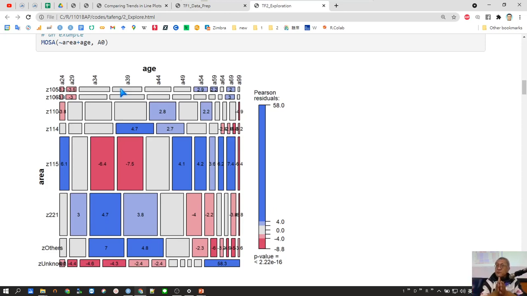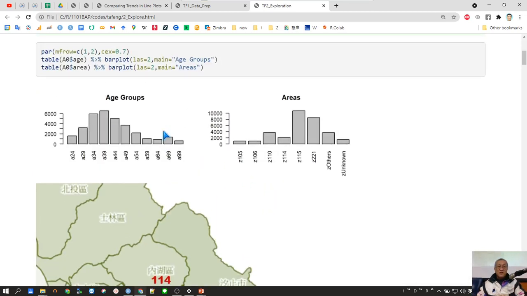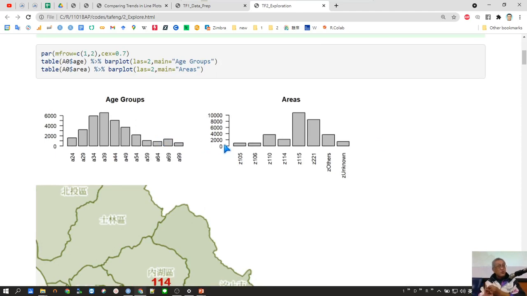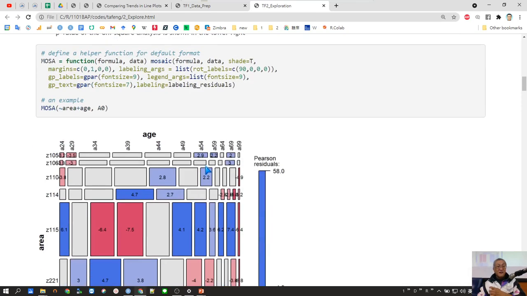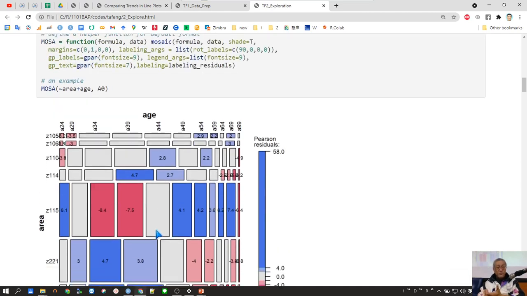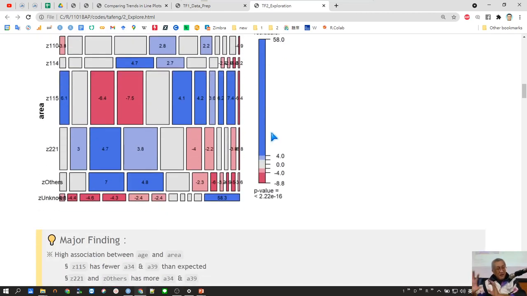Okay, this is very important to marketers, right? Because not only do you want to know the one variable distribution, you want to know that you actually have different age group distribution in different areas, for some reason, right?